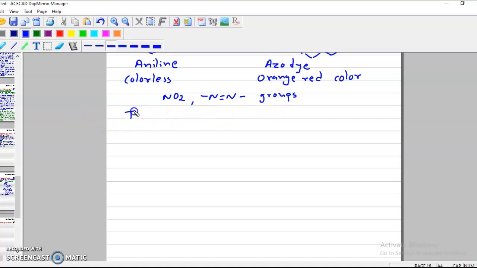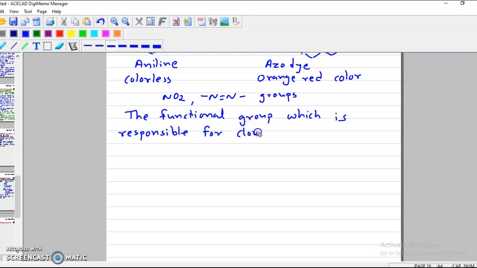So the functional group which is responsible for color is known as chromophore.